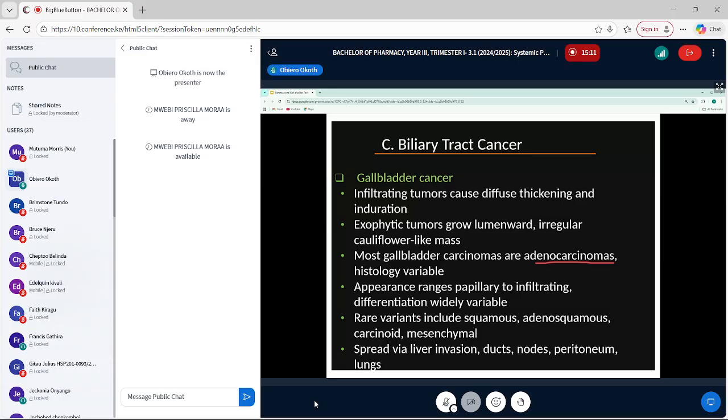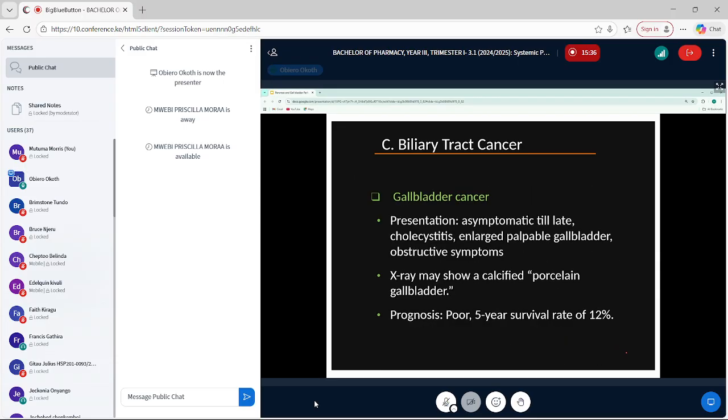They can spread via liver invasion, by the ducts, by the nodes, to the peritoneum and the lung. Histology is variable, either infiltrating the wall or presenting as an exophytic tumor.